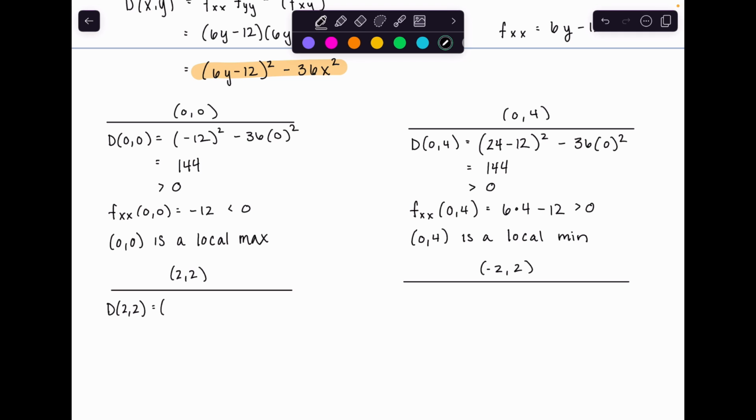This would be 6 times 2, which is 12, minus 12 squared, minus 36 times 2 squared. So this really ends up being 0 minus 36 times 4. And I really don't care what number that is. This thing's definitely negative. So this is the case where we kind of have contradictory things going on. In some directions, it's going up. In other directions, it's going down. So this is a saddle point.